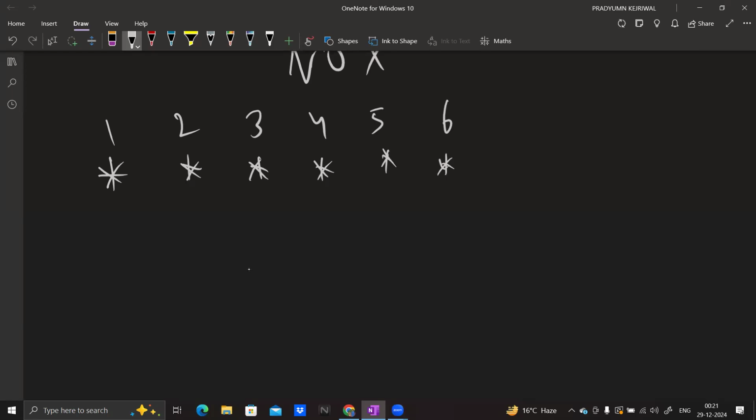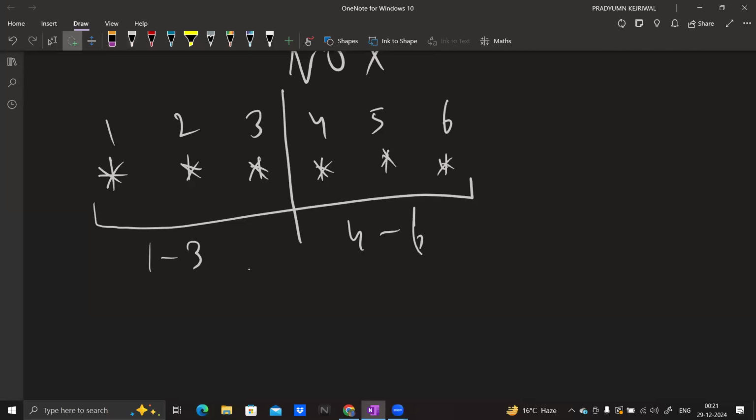First she wants to observe 1 to n, or 1 to 6. To do this, she basically breaks these stars into 1 to 3 and 4 to 6, and then observes them again.